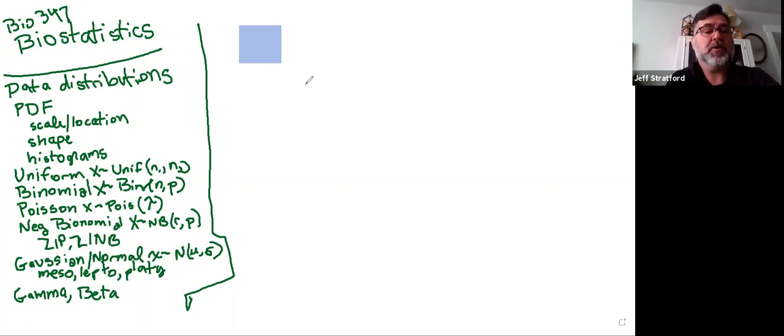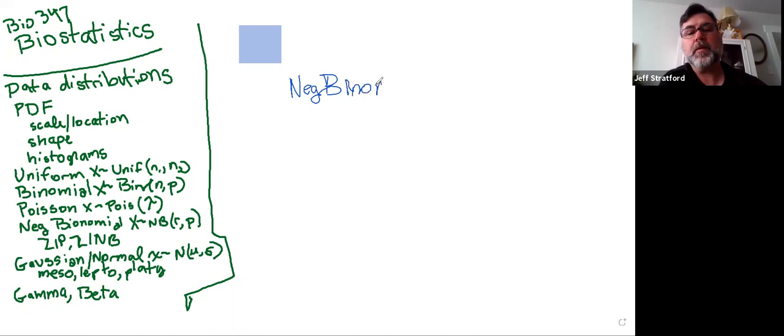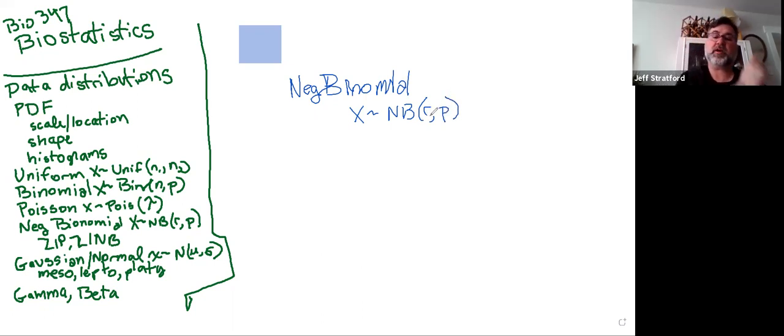Or how many sick people would be at your hospital if you sampled a number of hospitals per day? The negative binomial, we say that X is distributed negative binomially, and we need R, which is the number of successes, and the probability. Number of successes per trial, I should say.